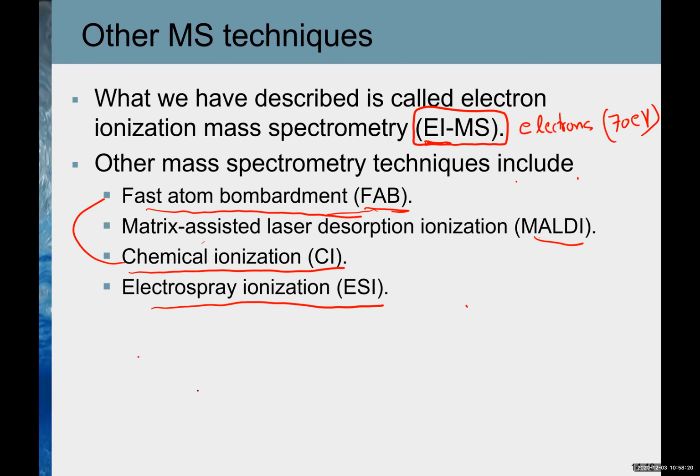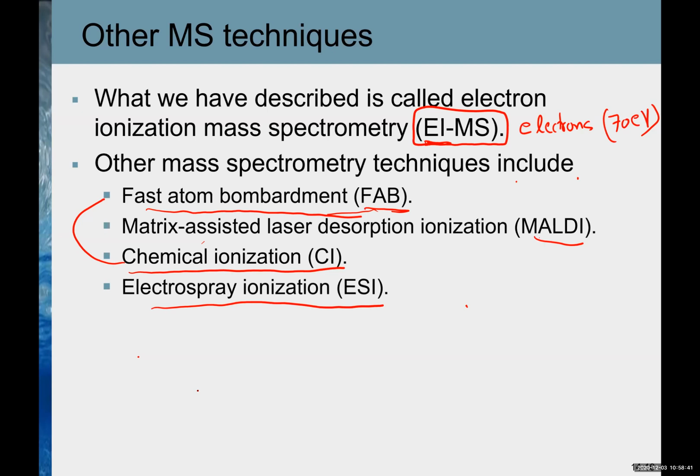Then the radical cation accelerates towards the magnetic field. The magnetic field deflects it. Depending on the mass, the deflection will be a lot or very little. So the computer calculates from that what the mass is. So that's the whole technique.